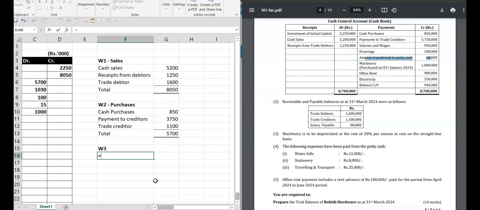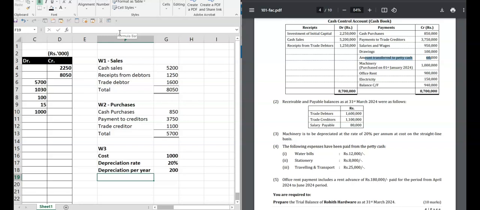Just take the cost, it is 1 million, and the depreciation rate is 20%. So what is the depreciation per year? It would be 1 million into 20%, which is 200.